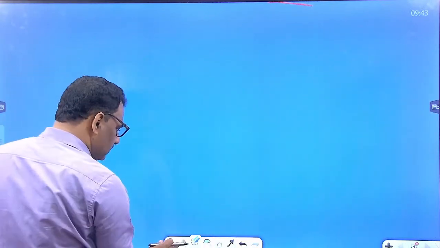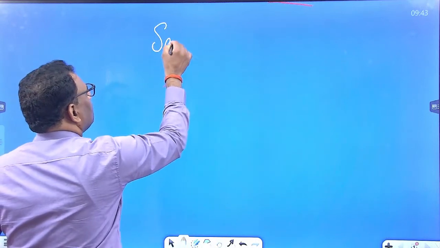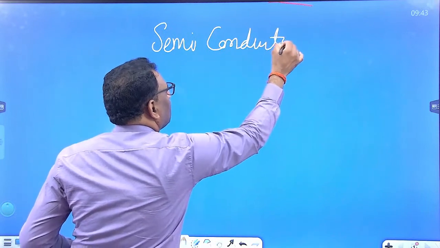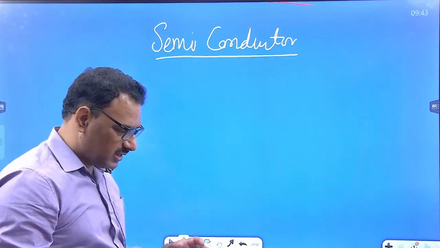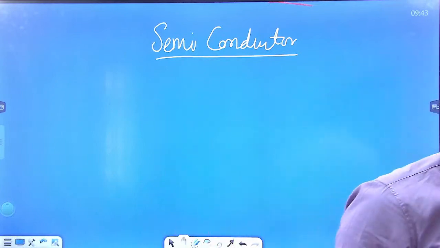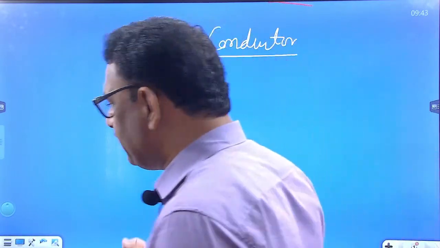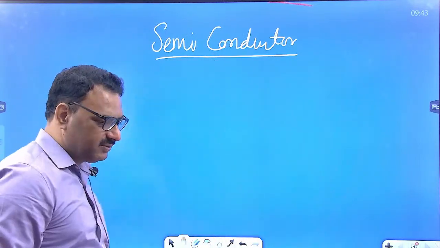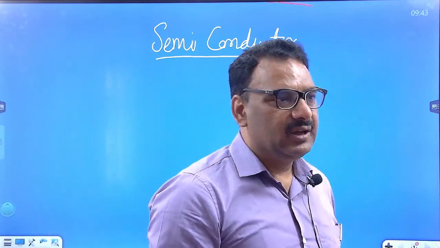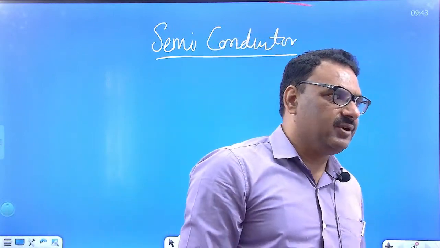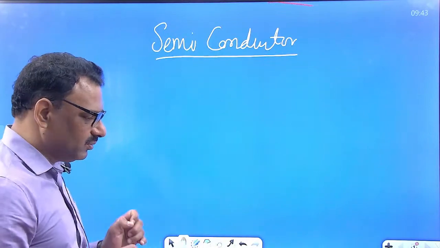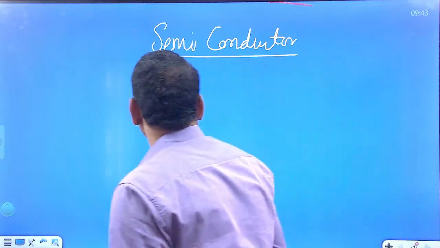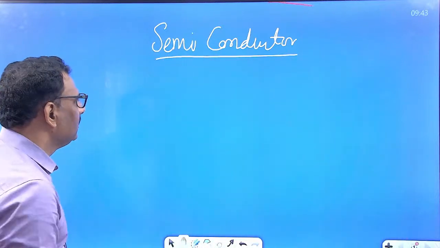In this differentiation there is no numerical part, because in your syllabus only qualitative analysis is required. Quantitative analysis is not required for the initial part on semiconductors, only a qualitative discussion of the band theory. There is no numerical in this part. Now we will focus on the semiconductor.